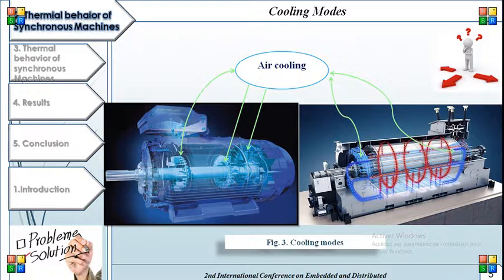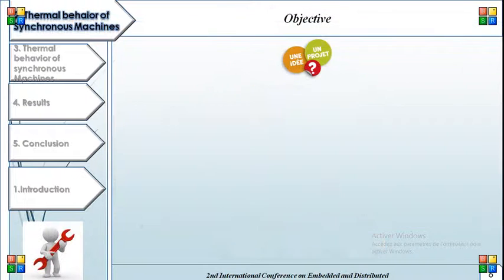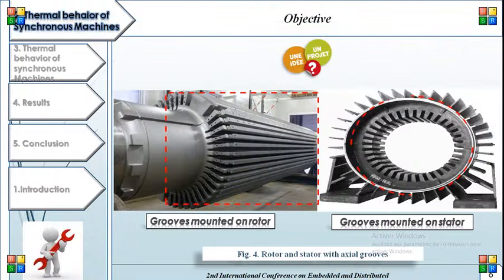In addition, one of the efficient ways to dissipate the heat generated and increase the lifetime of the stator insulation in the electrical machines is by using axial grooves. So the presence of axial grooves on stator or rotor is an effective technique that's used for saving energy and increasing heat transfer of airflow inside electrical machines.